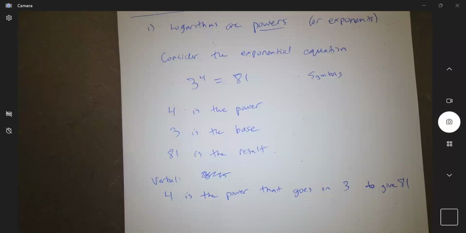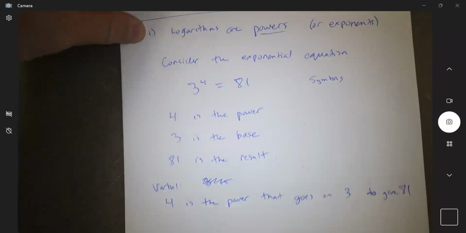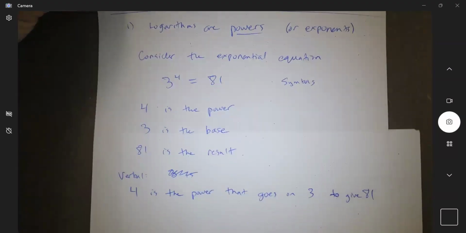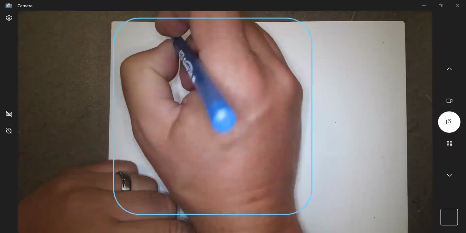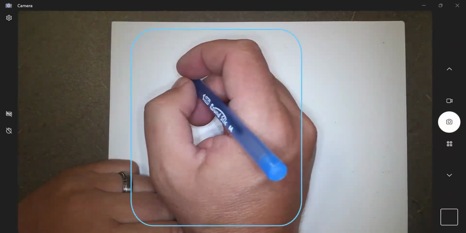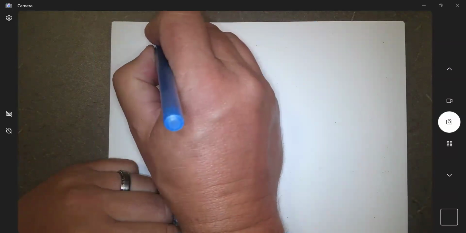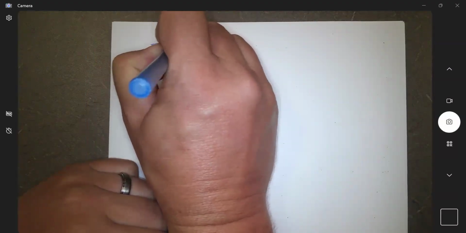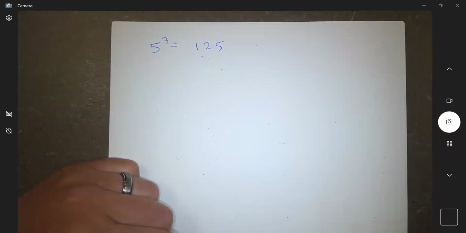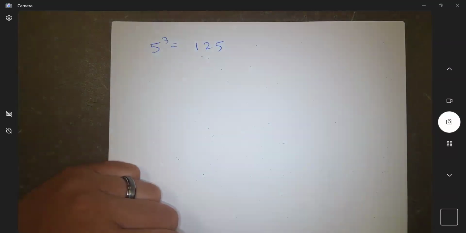Let's do another one. 5 cubed equals 125.